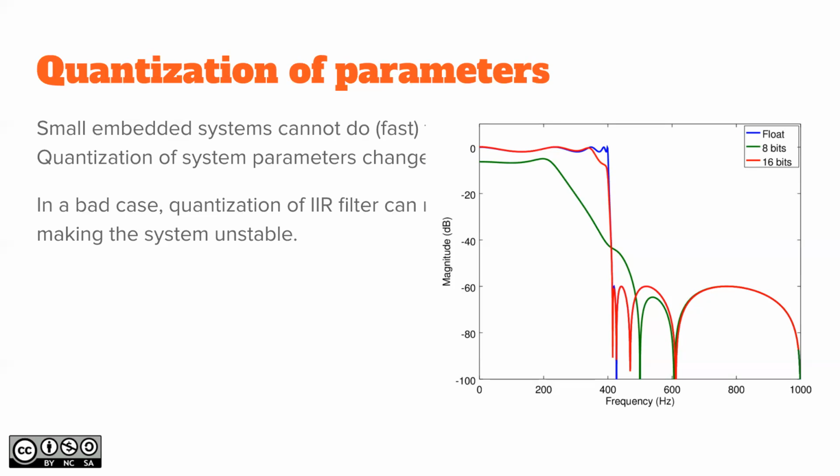Basically, to get these integer numbers from filter coefficients, we first add gain to the whole system so that we can get those into meaningful values. Say we have 8-bit signed integers, which means we have values between plus and minus 127 that we can use.